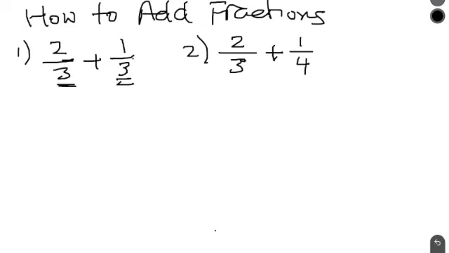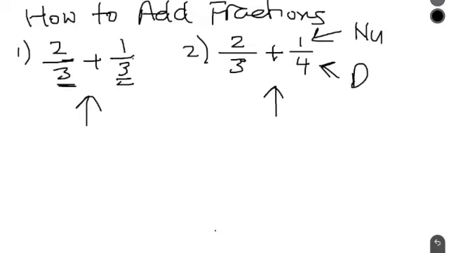So we're going to take a look at both situations, how to add fractions with the same denominator and then with different denominators. And as you recall, the denominators are at the bottom. So this is the numerator and this is the denominator. Okay, let's take a look.